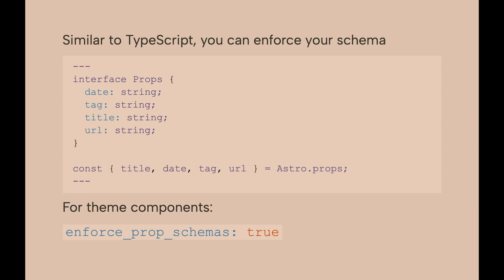And if it's in a theme, if you want to enforce a schema, you have to add that enforce prop schemas option. But again, that can be very nice in that if somewhere along the way you are providing the wrong type of data to this component, it will yell at you very loudly.